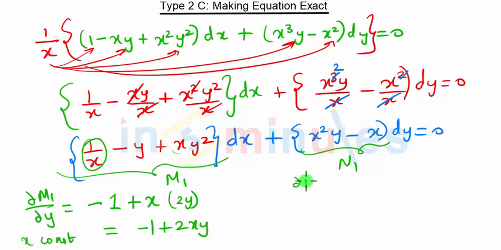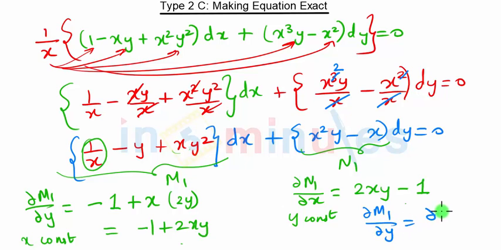Similarly, we will take the partial derivative of n1 with respect to x. Here y will be constant, it will remain as it is, and derivative of x square is 2x, and derivative of x is 1. So from these two we can conclude that partial derivative of m1 with respect to y is equal to the partial derivative of n1 with respect to x. So this equation is an exact differential equation.